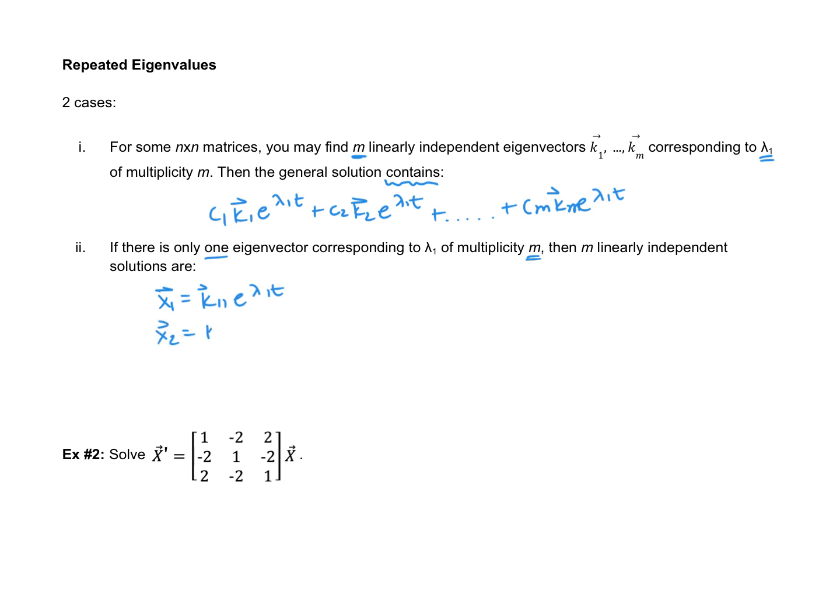x2 then will be k of 21 t e to the lambda 1t, and that should look familiar, plus k of 22 e to the lambda 1t.